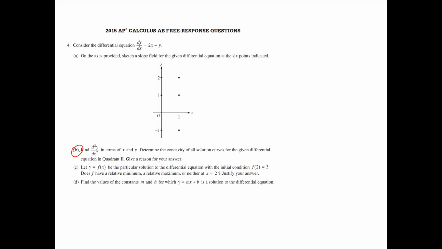For part B, it is asking you to find the second derivative of dy over dx. Now, you know that dy over dx is going to be equal to 2x minus y. So your second derivative is going to be the derivative of 2x, which is 2, minus 1 times dy over dx.